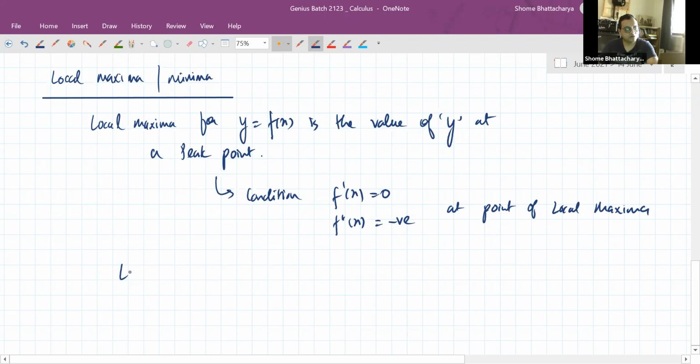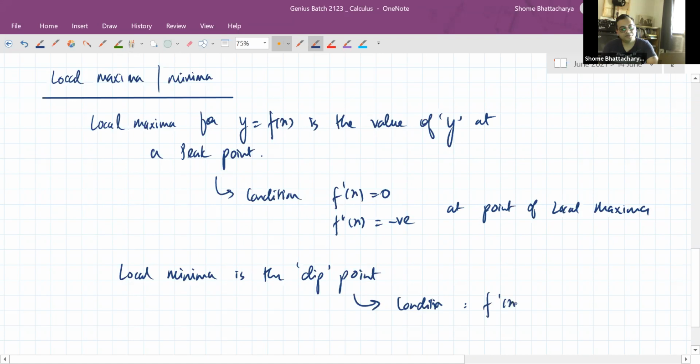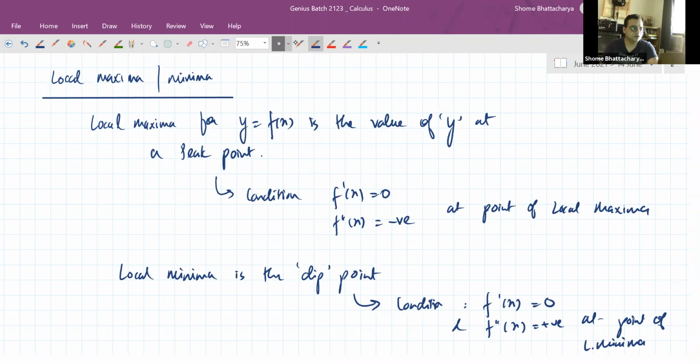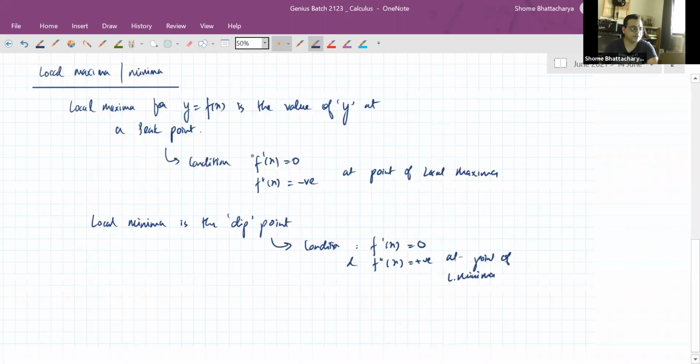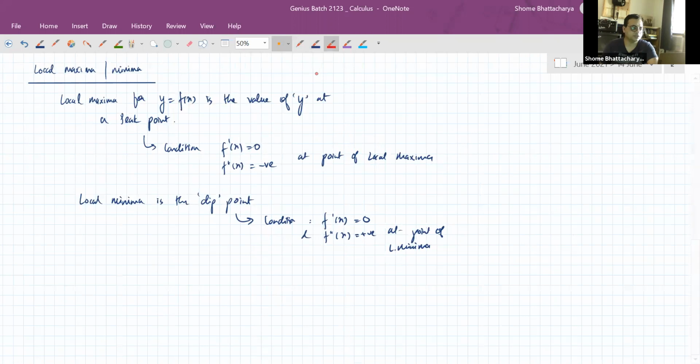And similarly, we saw that local minima is like the dip point. So the condition for this is that f prime x should be 0 and second derivative should be positive. So this is the physical condition, we can say, or how we can find out the point of local maxima and minima using the calculus terms.